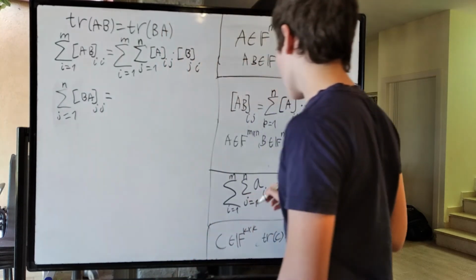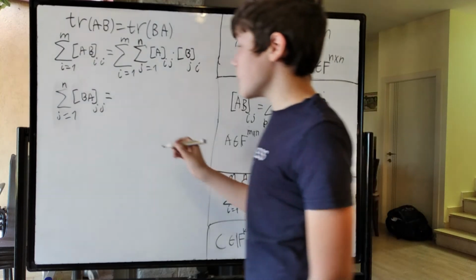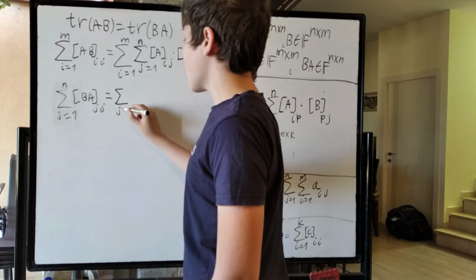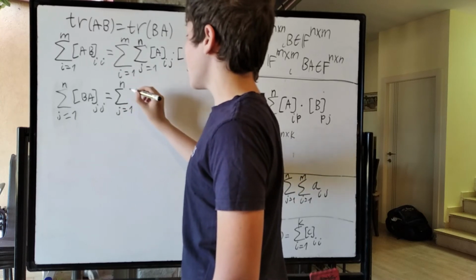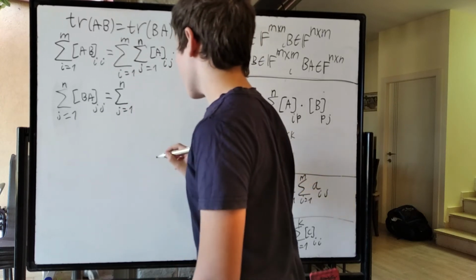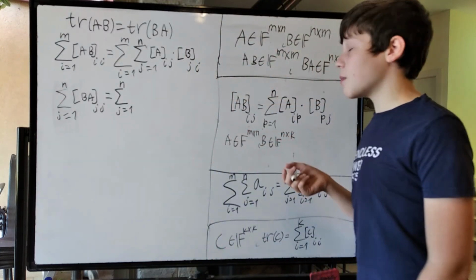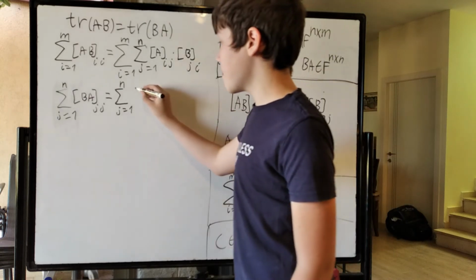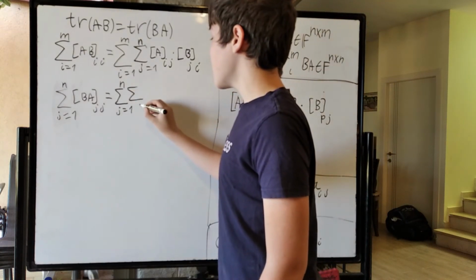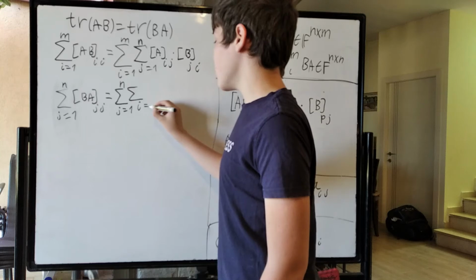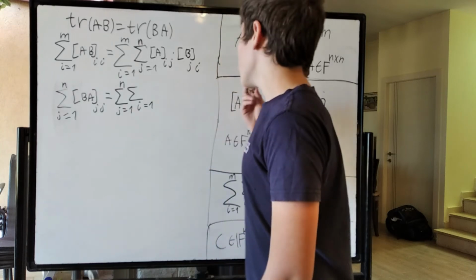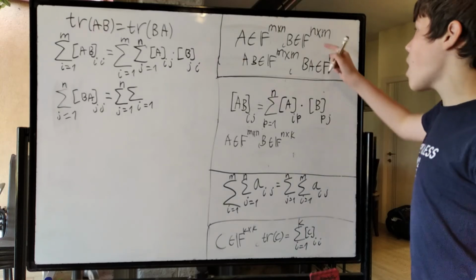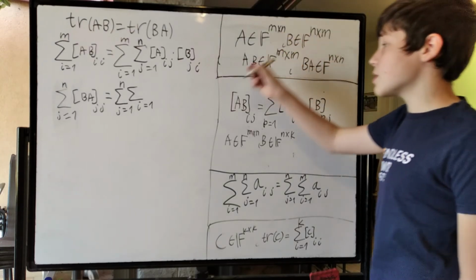Now, let's use our formula of a product of matrices. So this is the sum as j goes from 1 to n of, now again, the parameters themselves don't matter, so instead of p, we're instead going to write i. So this is the sum as i goes from 1 to what? Well, because it's B times A, it needs to be the amount of columns in B and the rows in A, which is m.